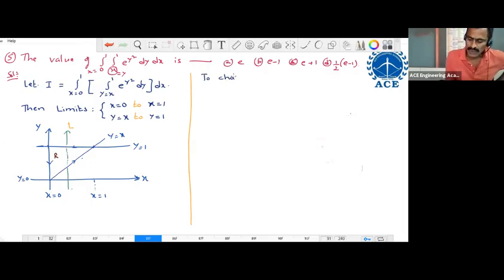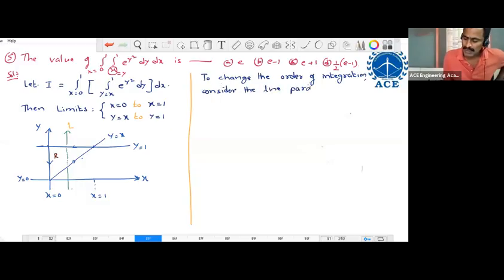To change the order of integration, consider the line parallel to the x-axis, because we are given the line parallel to the y-axis.